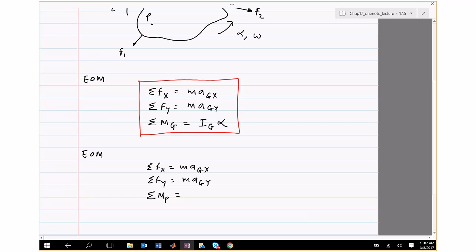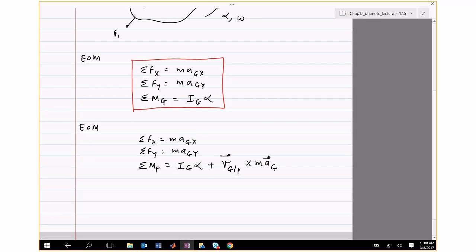What happens is if you take moment about P, the equations become slightly more complex. It's Ig times alpha plus, you'll have to do a cross product of the vector from P to G, so r_PG, crossed with mass times acceleration of G. Okay, now there is a slight abuse of notation here.